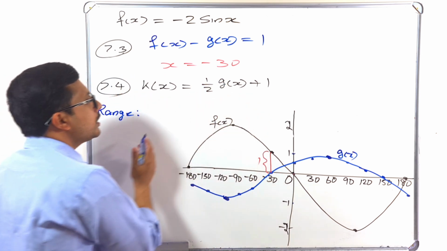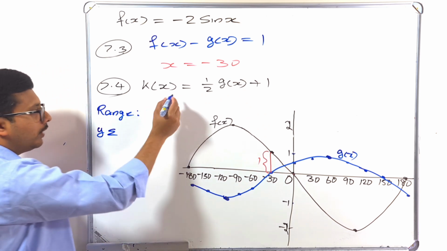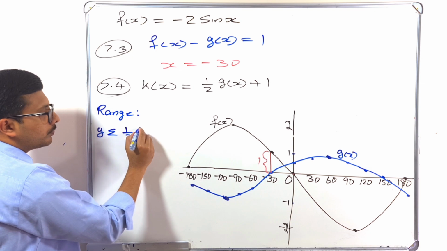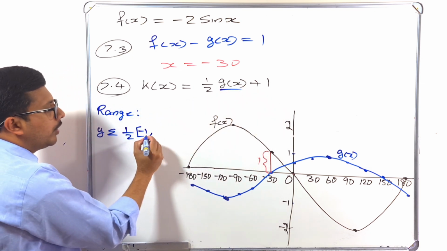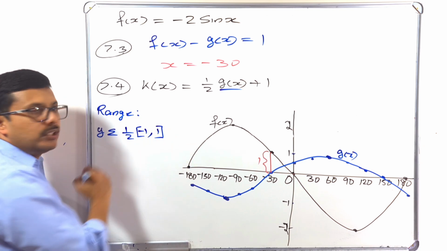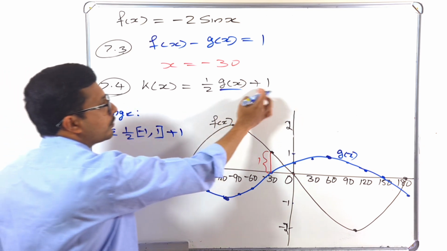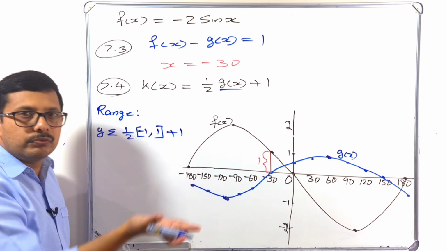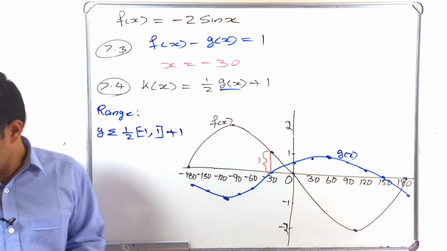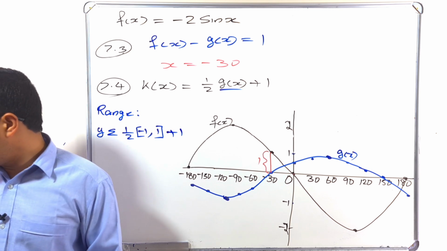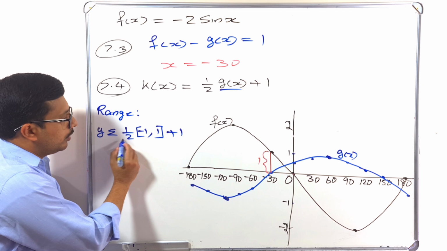Okay. So it's easy to find the answer like this. y is an element of, then half times, we know that for this g of x graph, the minimum y value is minus 1 and the maximum y value is plus 1. Then plus 1. This plus 1 means the graph is shifted 1 unit upwards. Once you write it like this, it's easy to find. What you have to do is just multiply.